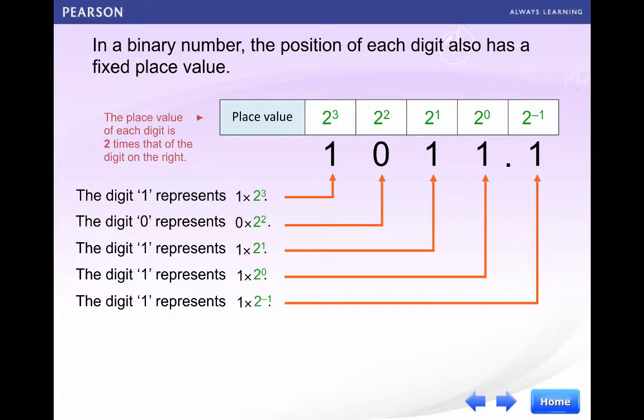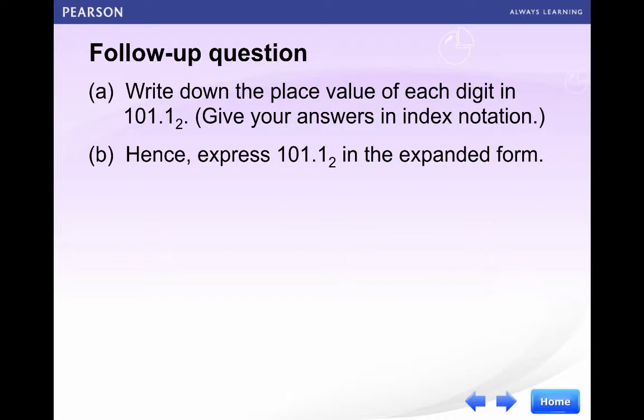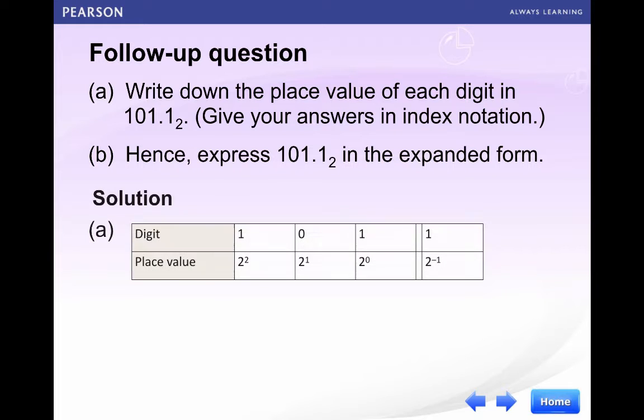So what will be the value of this number? We will look at the expanded form: 1 times 2 cubed plus 0 times 2 squared plus 1 times 2 to the power 1 plus 1 times 2 to the power 0 plus 1 times 2 to the power -1. And we found this value, 1011.1 in base 2.